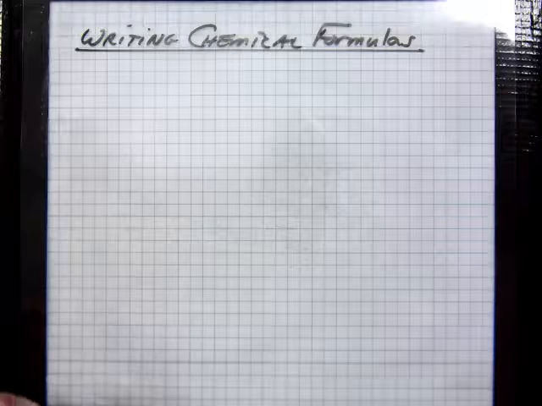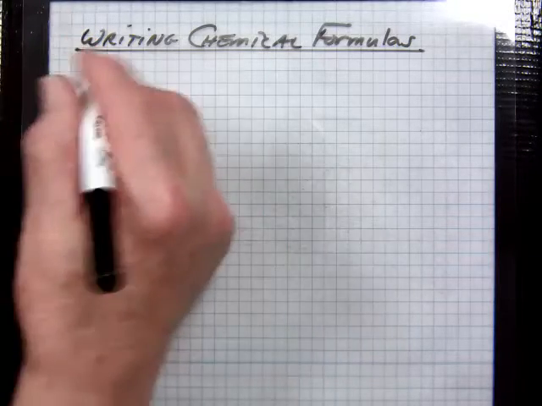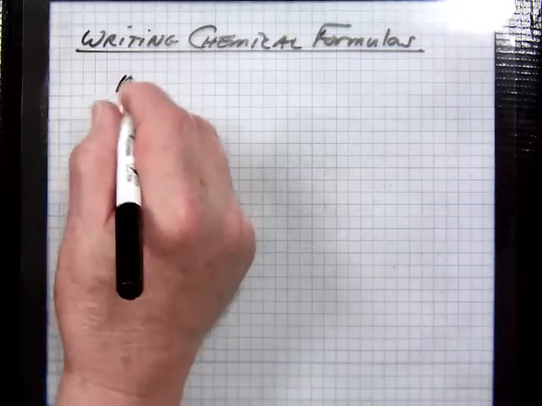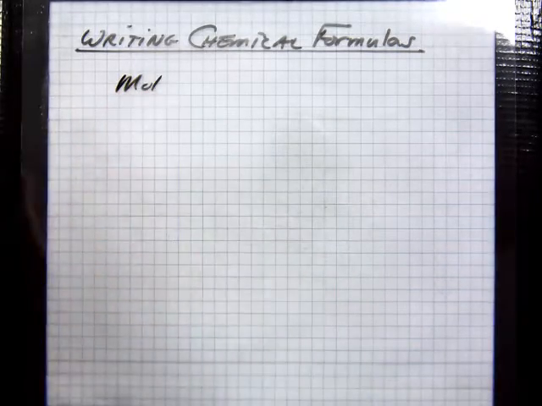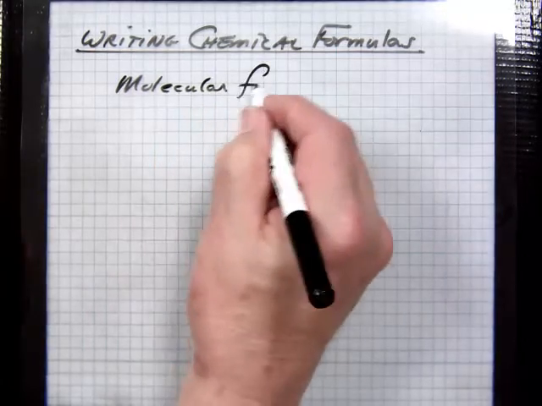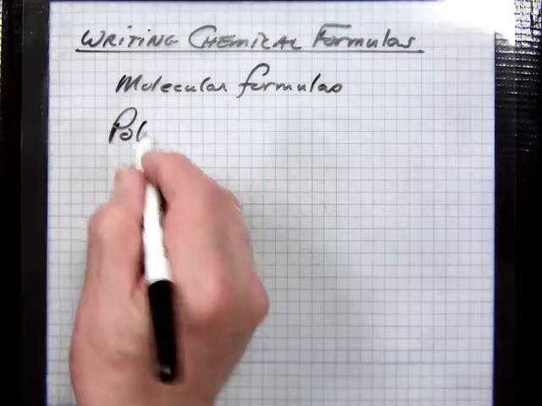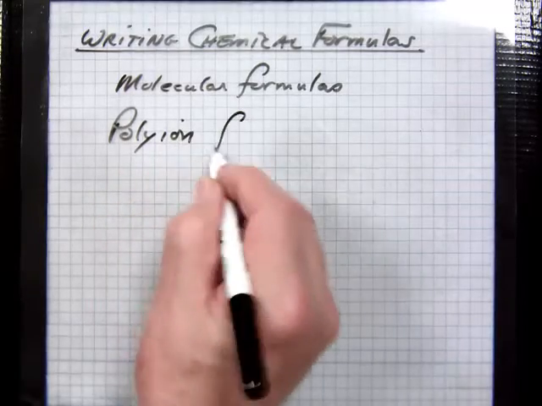In writing formulas, there are two kinds of formulas. There are molecular formulas, primarily from here on, and polyion formulas.